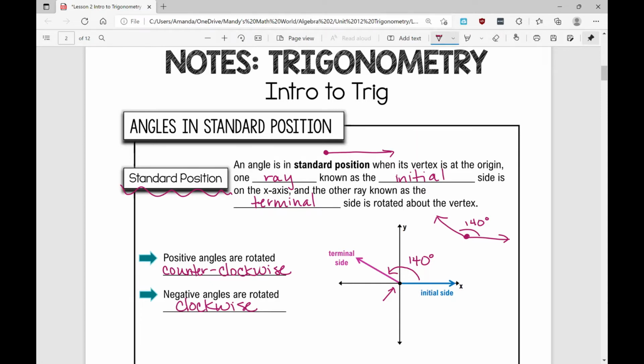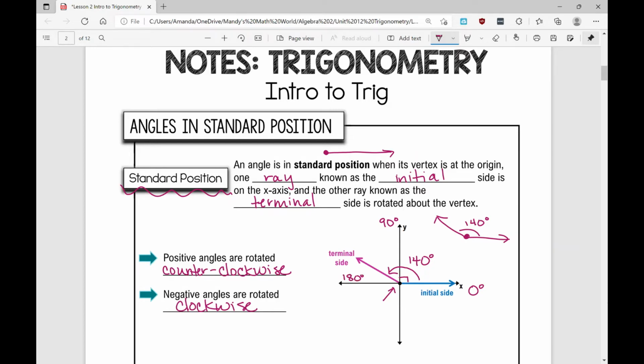If I had my initial side and my terminal side shooting out along the x-axis, that would be a 0-degree angle. If I had my initial side on the x-axis and my terminal side on the y-axis, that right there would be 90 degrees. If I had my terminal side on the x-axis shooting out to the left, that would be 180 degrees.